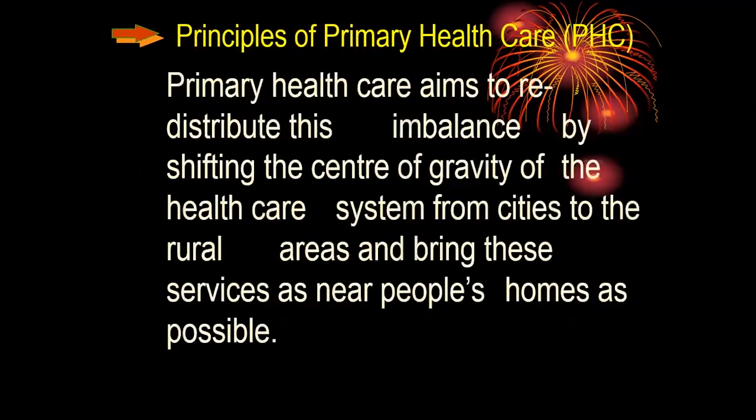Primary healthcare aims to redistribute this imbalance by shifting the center of gravity of the healthcare system from cities to the rural areas and bringing these services as near to people's homes as possible. That is, equitable distribution means distribution of the healthcare services on the basis of the need of the people.